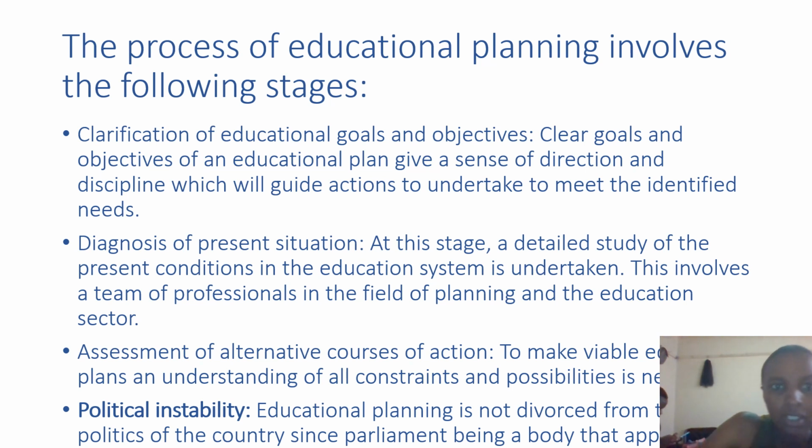The process of educational planning involves the following stages. The first one is clarification of educational goals and objectives, whereby clear goals and objectives of an educational plan give a sense of direction and discipline, which will guide actions to undertake and meet the identified needs.